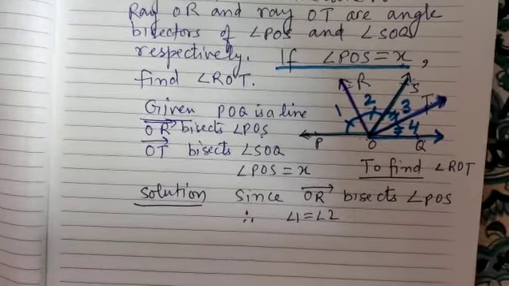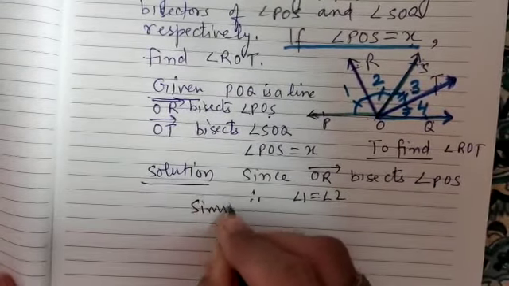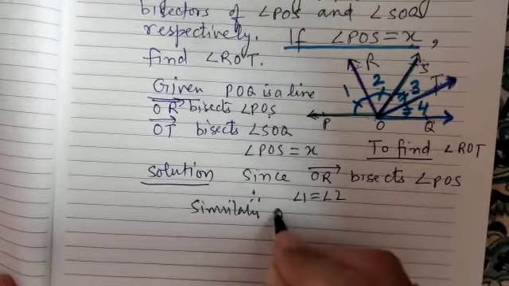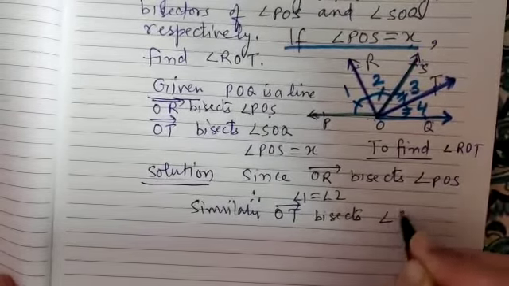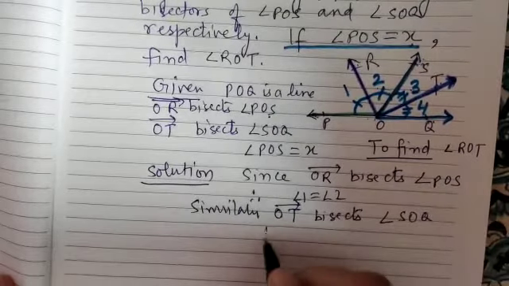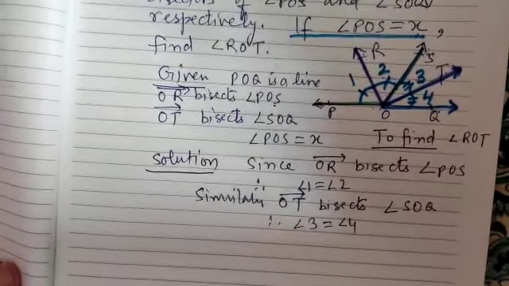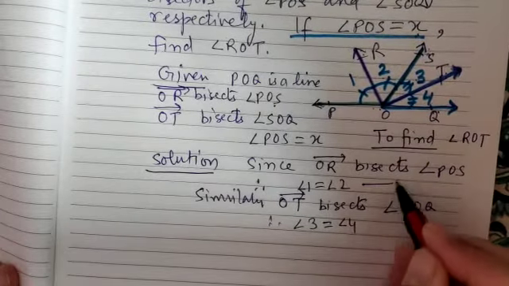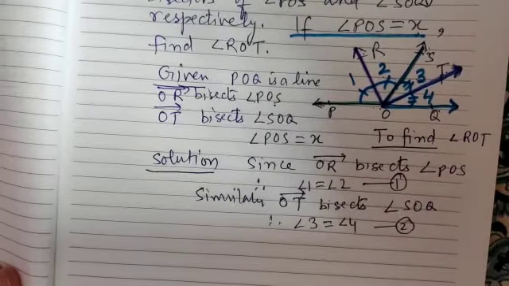So you can refer to the figure. Similarly, OT bisects angle SOQ. Therefore, angle 3 is equal to angle 4. So you can number these as equation 1 and equation 2.